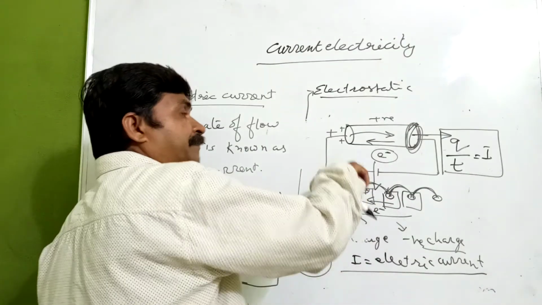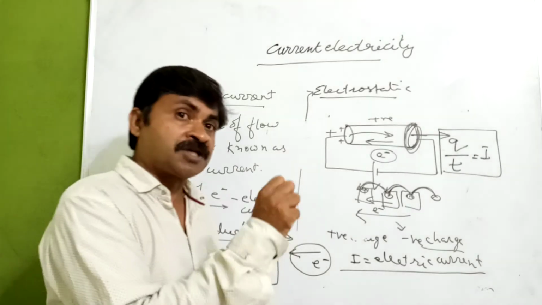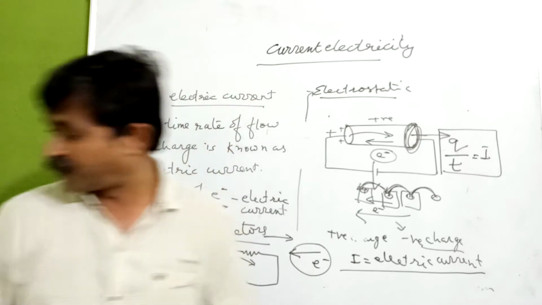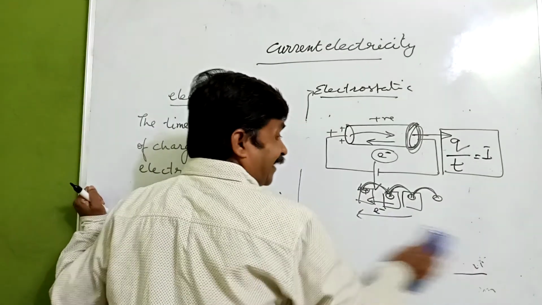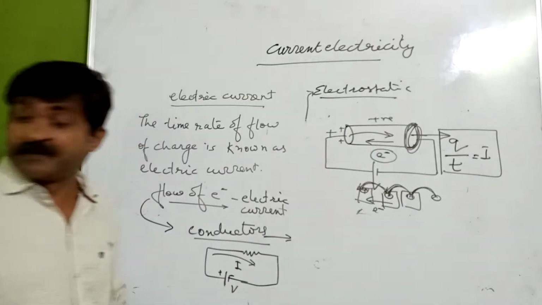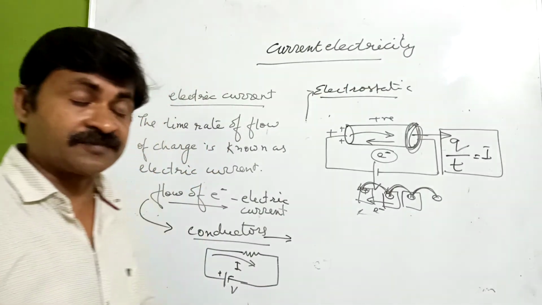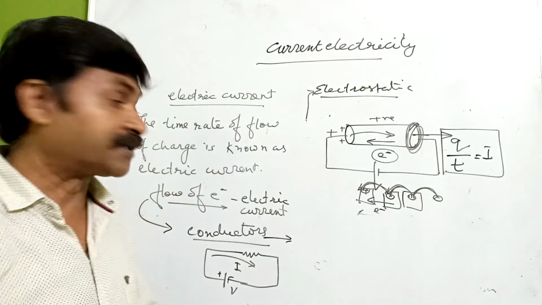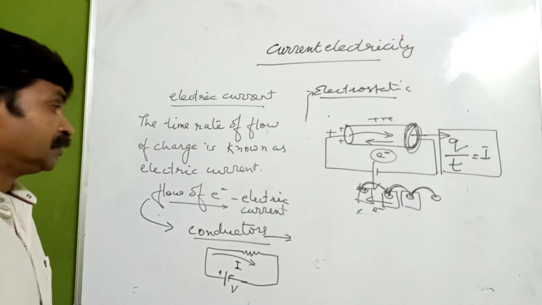This way the electric current takes place, and electrons move at such a speed that it is near the speed of light. That's why we get it instantaneously: at the moment we switch on the electric switches, the bulb gives us light and the fan starts running.